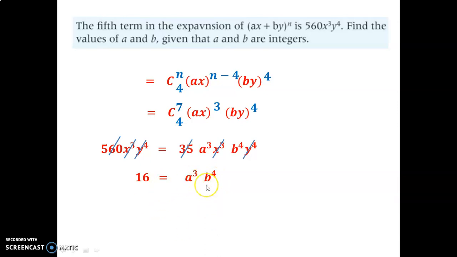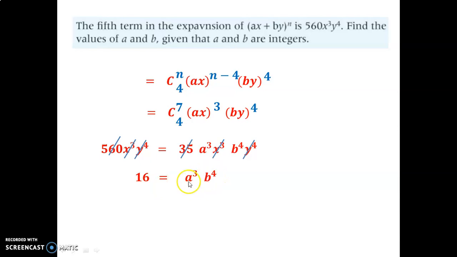This one now, at this point, you have to use some logic. What's the only way to produce 16? Can you cube some number to produce 16? I don't think so. If you had a 2 in here, 2 times 2 times 2 would be 8. 3 times 3 times 3 would be 27. So 16 cannot be produced by cubing some number. What about here? Well, if you put a 2 in here, 2 to the fourth, 2 times 2 times 2 times 2, that makes 16.